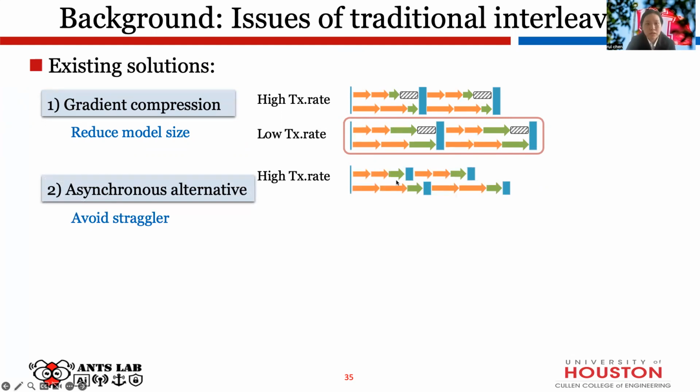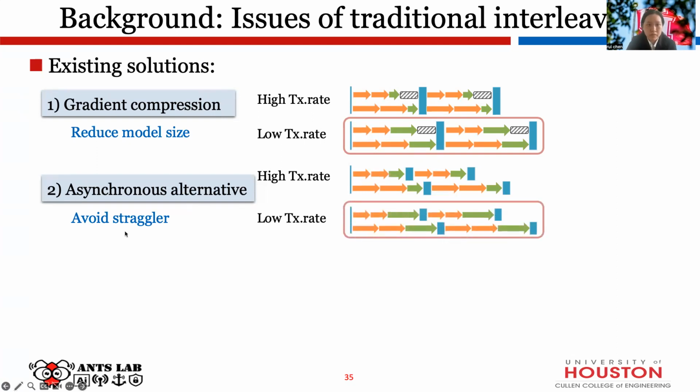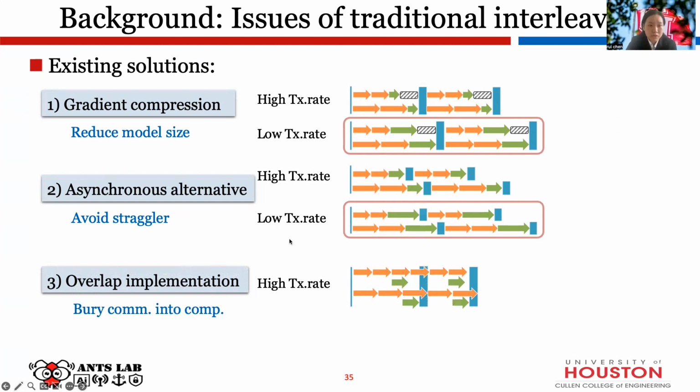In these protocols, the devices can send the model update to the server and get the global model immediately without waiting for the model update from the other devices. So they can avoid the straggler issue. However, they do not consider the long network latency, so the training will still be very slow when the transmission rate is very small. And the third option is using the overlap implementation.